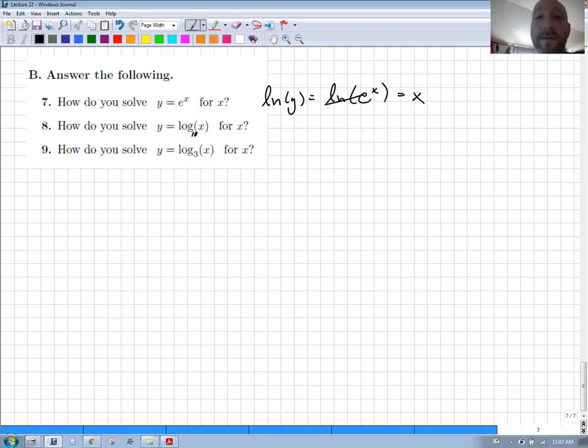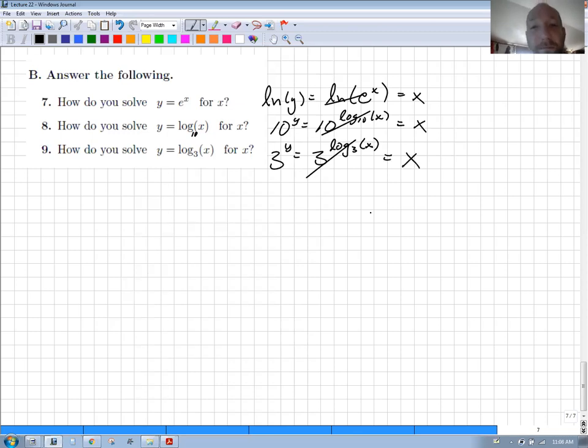So we do 10 to the power of both sides. That goes away and we're left with just x. So this one, since it's a log base 3, we do 3 to the power of both sides. Those go away, that x comes down.